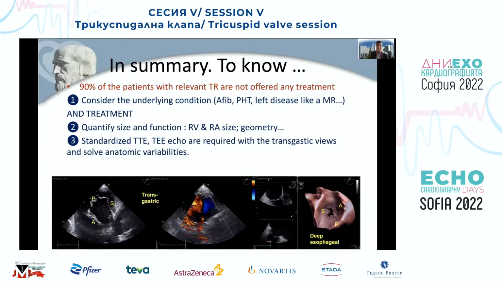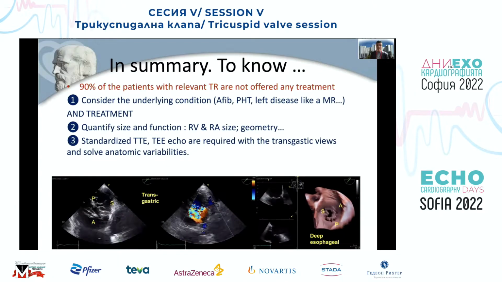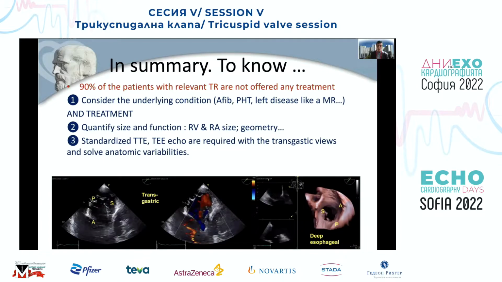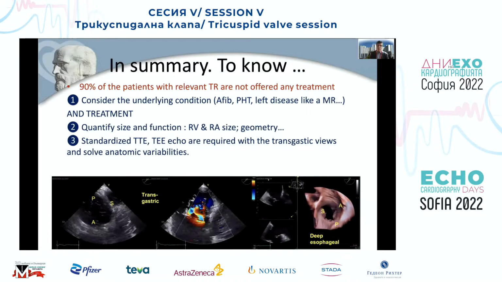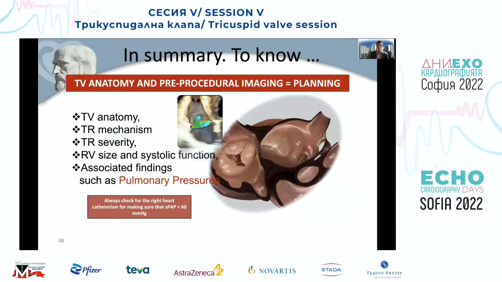Quantifying the size and the function is not only about the TR, it's what happens to the right ventricle or to the right atrium. And obviously, we need to standardize our measurements with echo in order to give an accurate estimation of the severity. Remember, it's not so easy as mild, moderate, or severe. We need to move to a new classification: mild, moderate, severe, massive, and torrential.